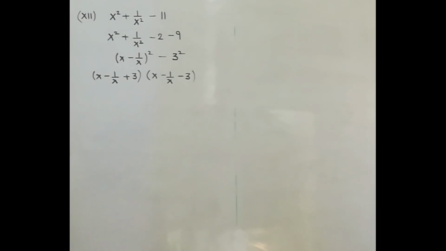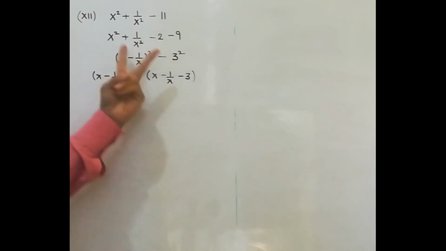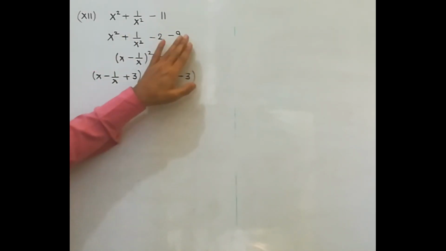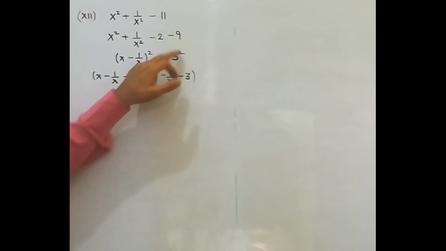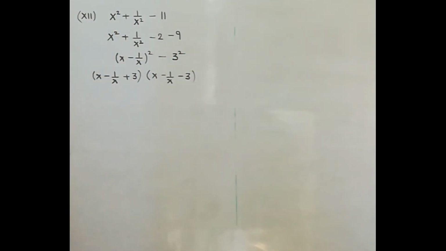Let's see one more. In some of the questions you are going to break the last term in two parts such that one part becomes a perfect square and the other part, when taken with the remainder, makes it a perfect square.